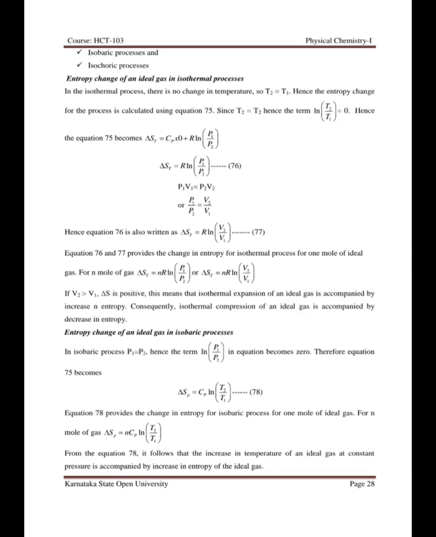So next is the entropy change in an ideal gas in the isothermal process. In an isothermal process you keep the temperature constant, so the temperature change is 0. You measure the entropy change by keeping the temperature constant, so T2 by T1 will be 0.